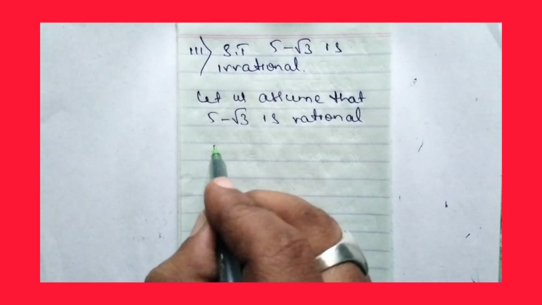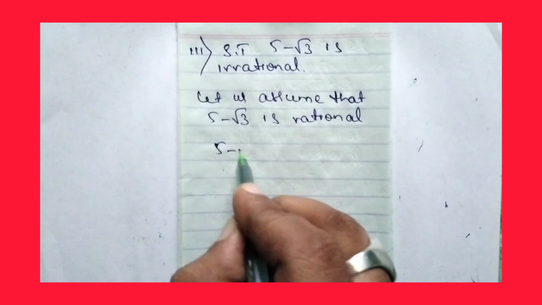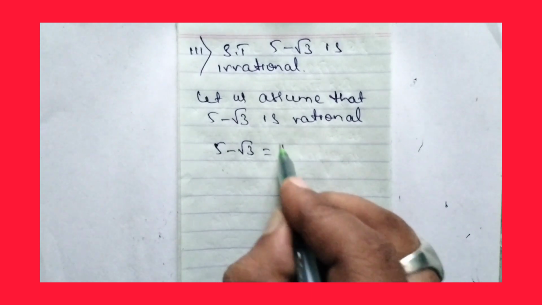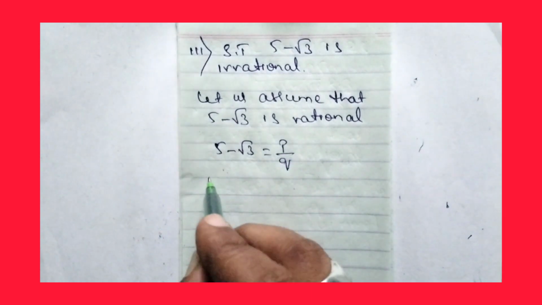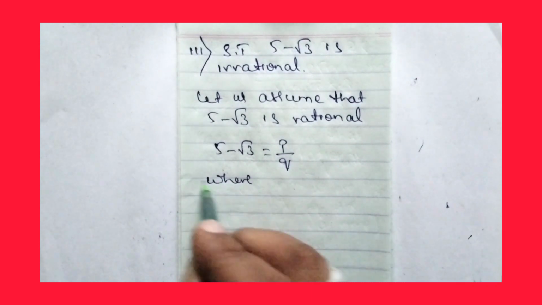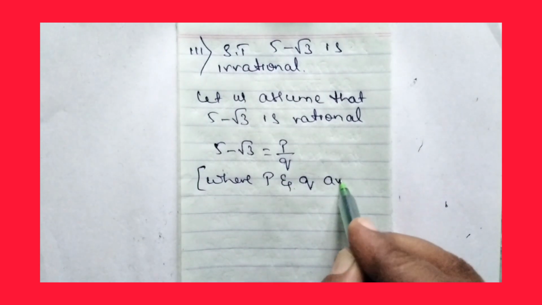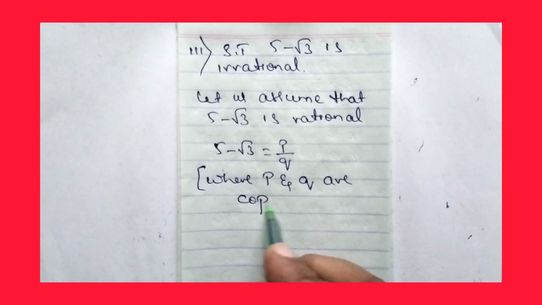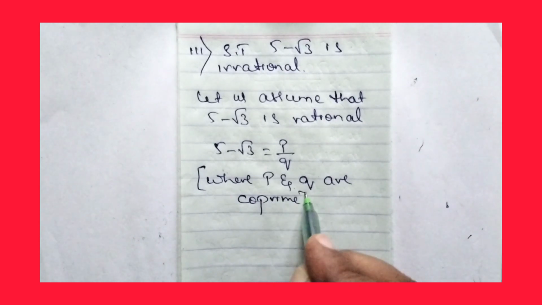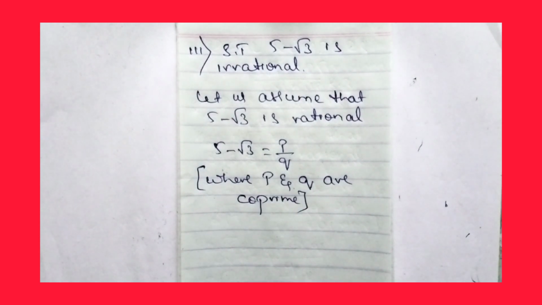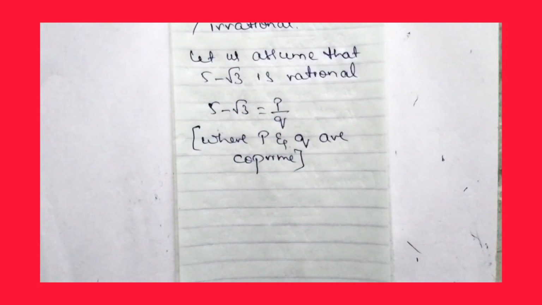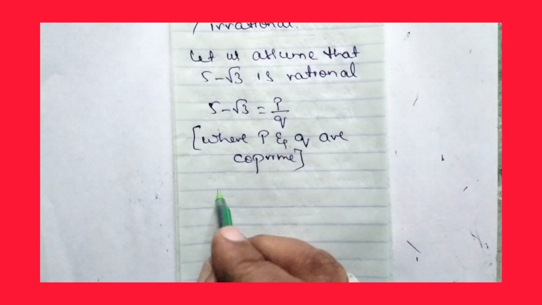So if it is rational, then 5 minus root 3 is equal to P by Q, where P and Q are co-prime. So 5 minus root 3 is equal to P by Q.